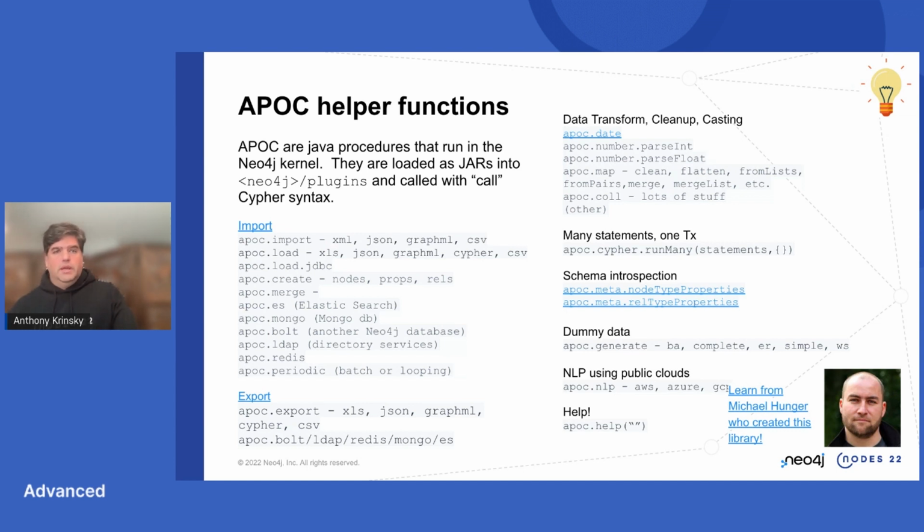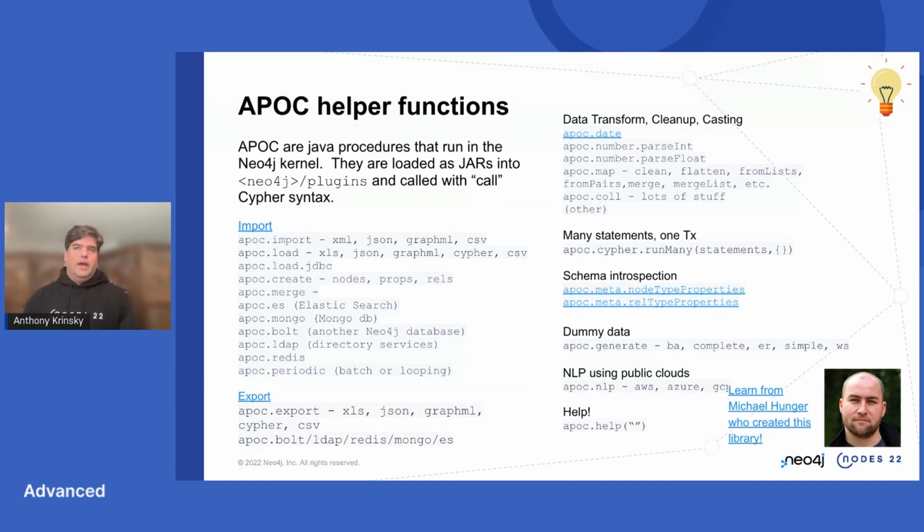Likewise for exporting, some really terrific helper functions, casting and cleanup functions, functions for running many Cypher statements together, and schema introspection, which is a huge deal if you're building some kind of GUI. You want to figure out what types of nodes and relationships are in the system.